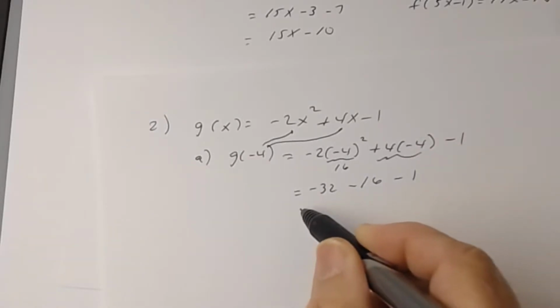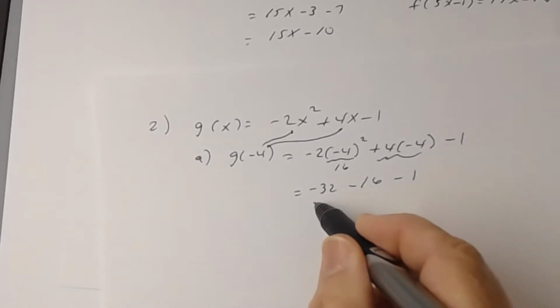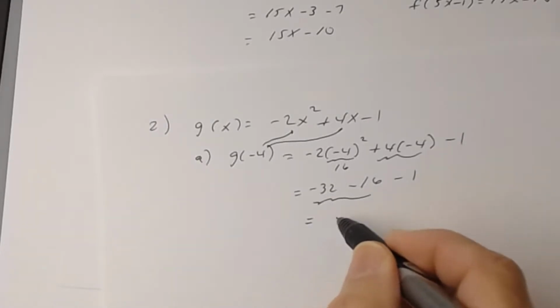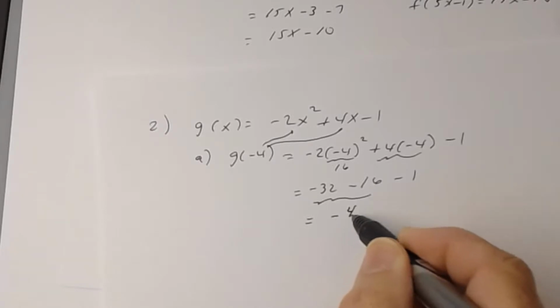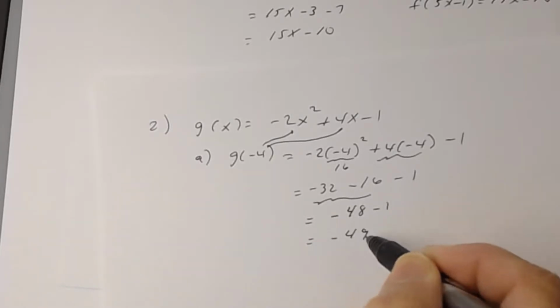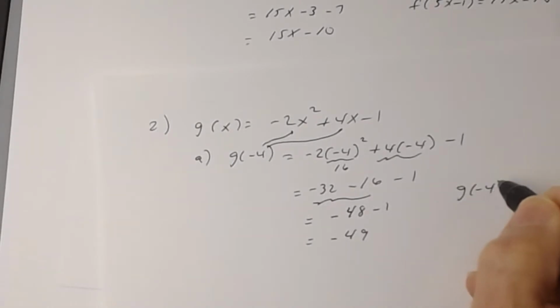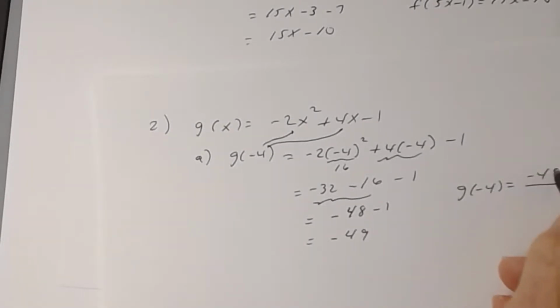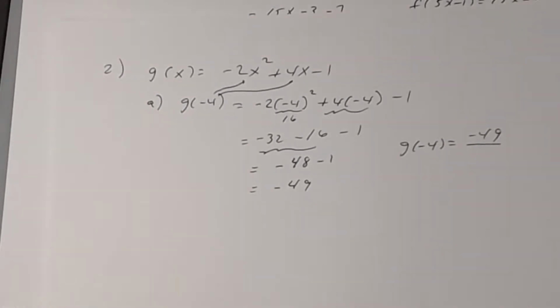Then we add and subtract from left to right. What's negative 32 and negative 16? Negative 48. And negative 48 and negative 1? Negative 49. So what is g of negative 4? Negative 49. So when x is negative 4, the y value is negative 49.